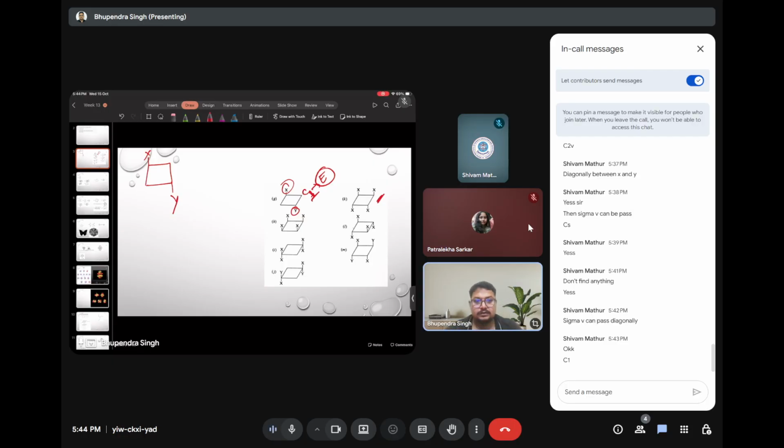Next, find the point group of this molecule.